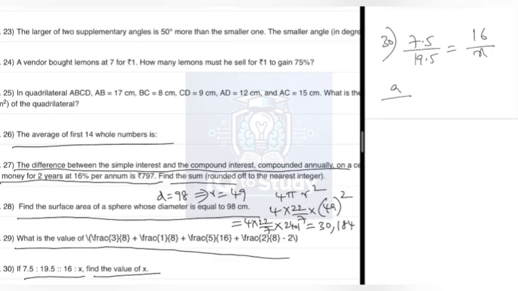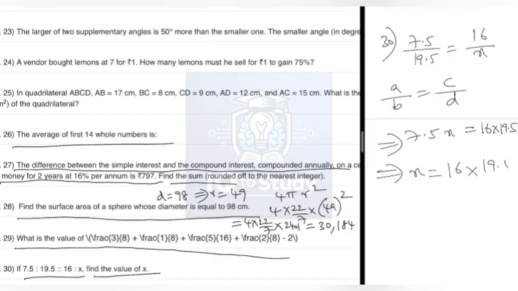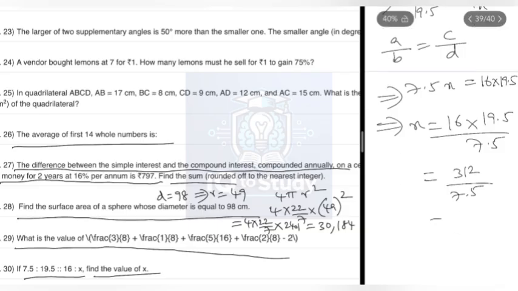It is in the form of a by b is equal to c by d, which implies 7.5 into x is equal to 16 into 19.5. So x becomes 16 into 19.5 divided by 7.5, which is equal to 312 by 7.5. And the value of x is 41.6.